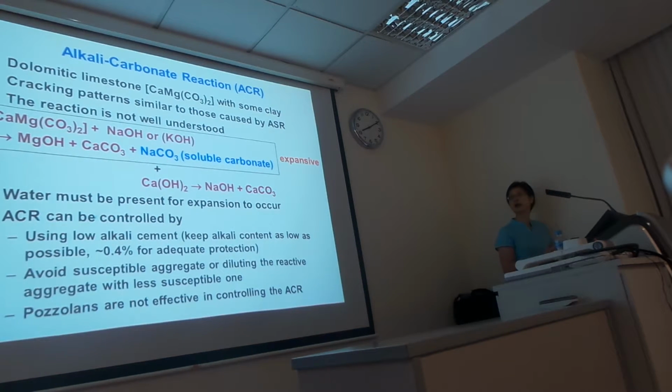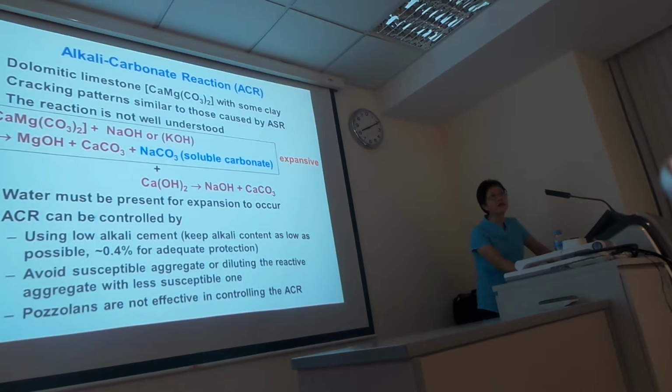So mostly it's a consideration of potential alkaline aggregate reaction. The other thing is, in principle, if you have this kind of concern, you should avoid susceptible aggregates. But as Dr. Kim mentioned early on, the aggregate occupies about 60 to 80% of the volume of a concrete.